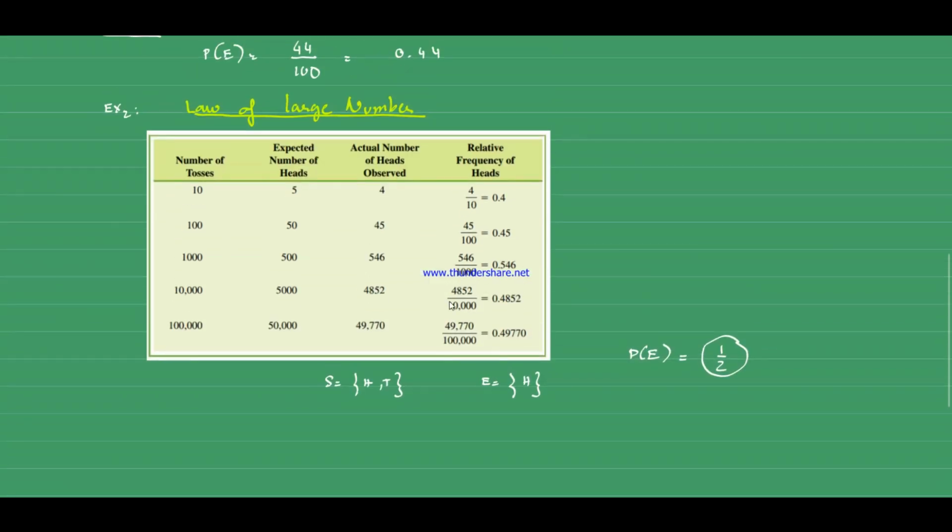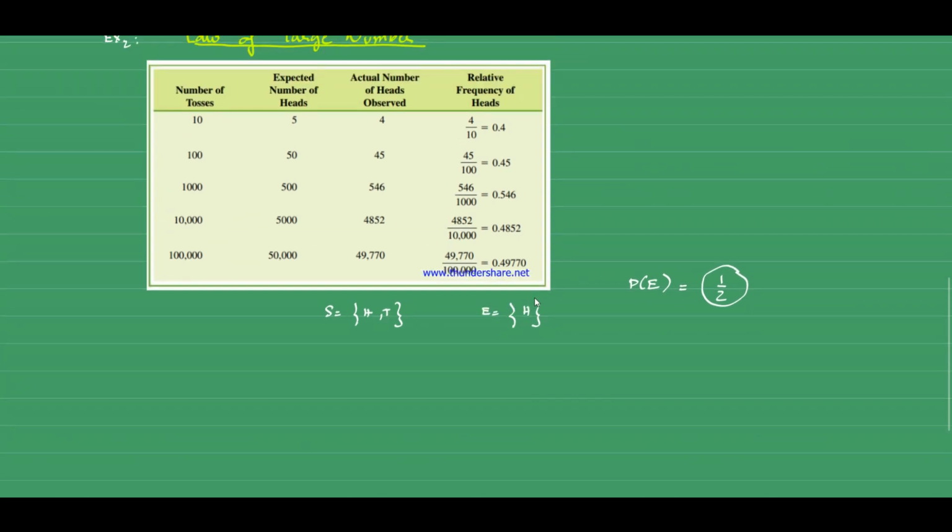So the more you toss the coin, the closer you get to the theoretical probability. Over here it has already reached it, but you will see it even more clearly that if you put 1 million over here, it gets really close to 0.5.